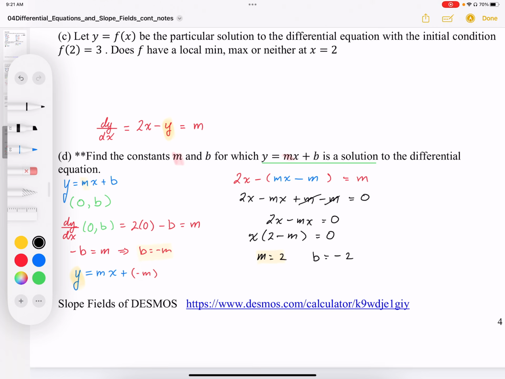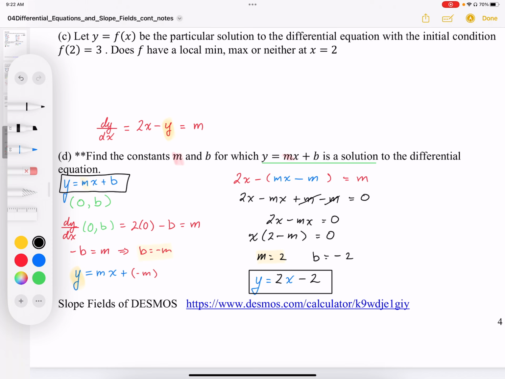And given those two values, now I've solved for m and b of my general solution. So the general solution to this equation is y equals, m is 2, mx plus b, b is -2. So 2x minus 2.